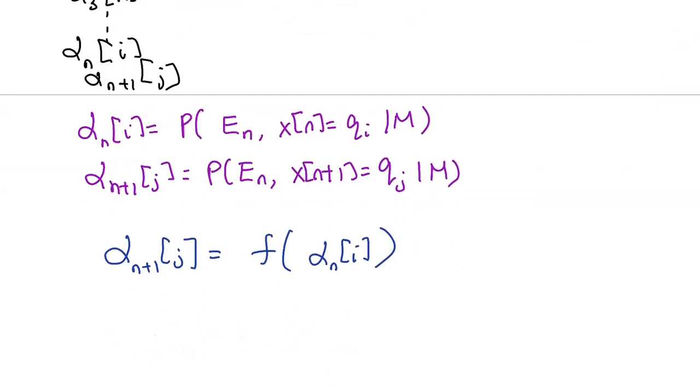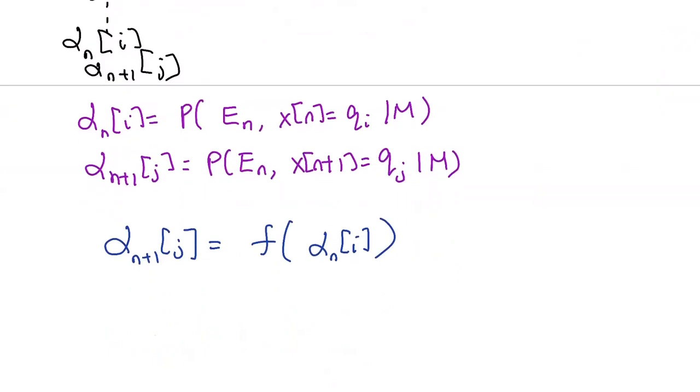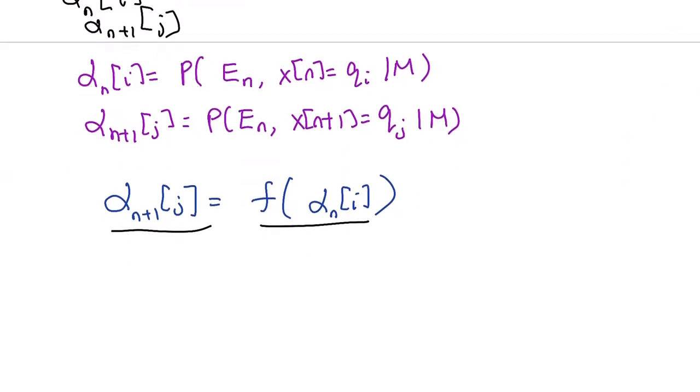So what that something is, well, it's not too complicated. It does get notationally hairy. You don't have to follow along exactly, but you can see that it's not too crazy to do something to alpha n in order to get alpha n plus 1, right?